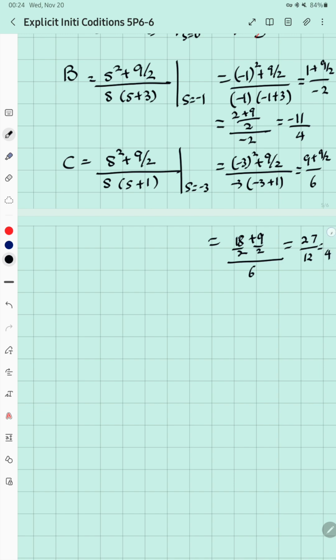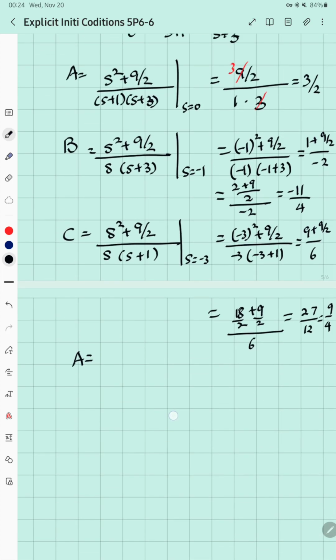That will be 9 over 4. So A is 3 over 2, B is minus 11 over 4, C is 9 over 4.